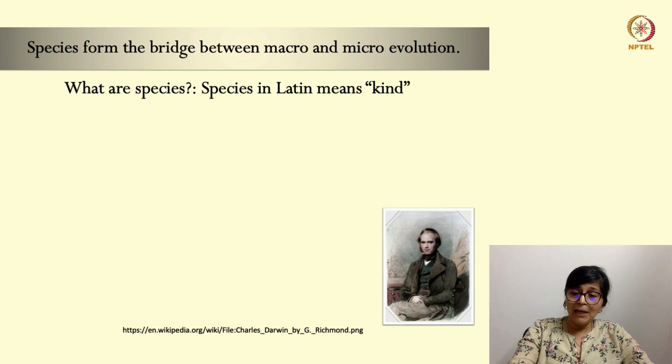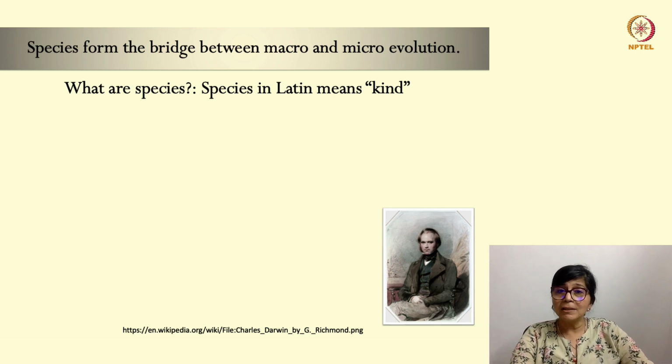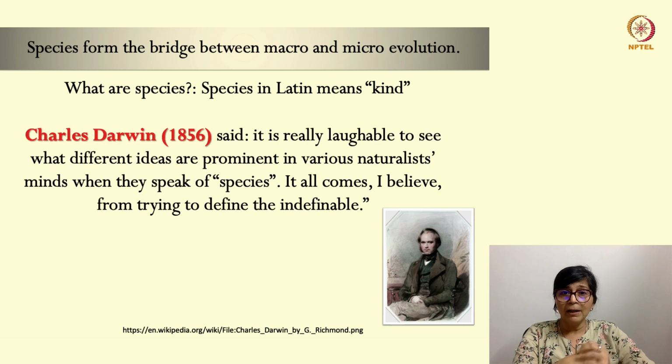So even he was perplexed by what species actually are, and he said that it is really laughable to see what different kinds of ideas are prominent in various naturalists' minds when they speak of species. So it all comes, I believe, from trying to define the indefinable. So he also agreed that here we are trying to define something which is indefinable, right?